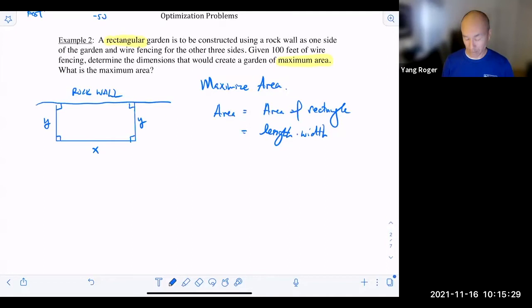And in our case, this is going to be X times Y. And this is a function that has 2 variables, so we usually write it as 2 input variables.